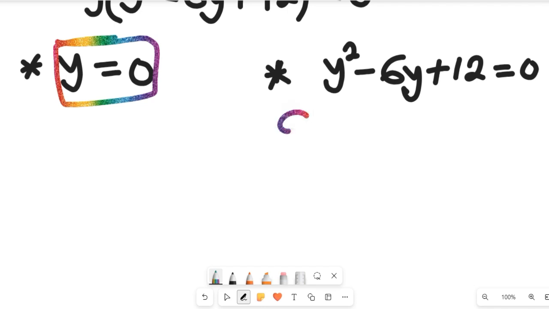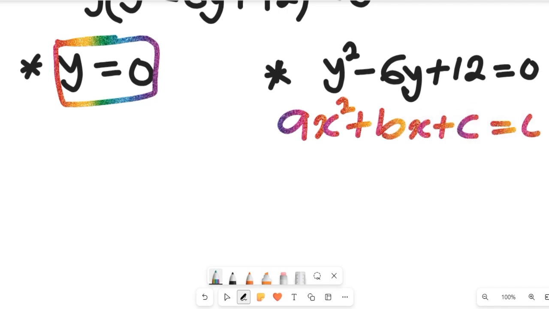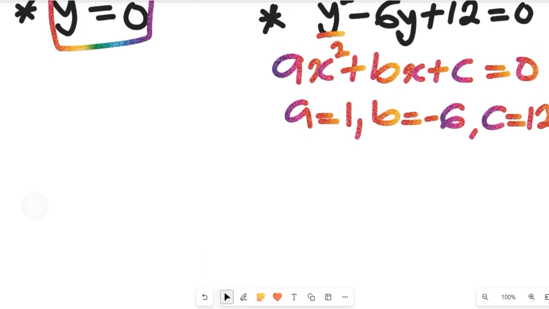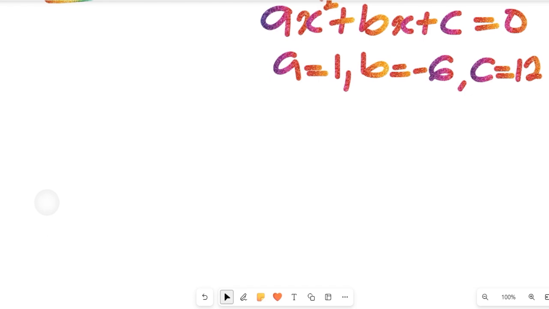Now if we compare this with this expression, ax squared plus bx plus c, this is equal to 0. You come to see that a is equal to 1, right? b is equal to negative 6, and our c is equal to 12. Now, having seen this, we are going to use the quadratic formula in solving this equation.